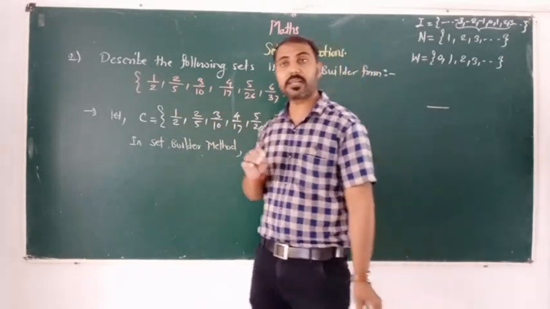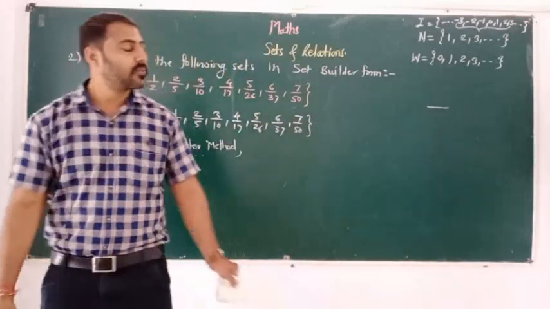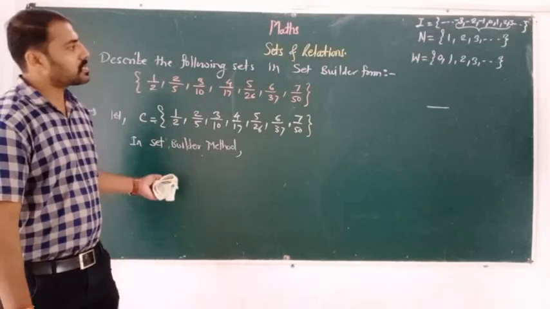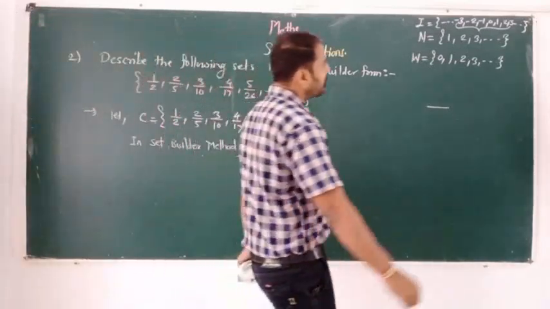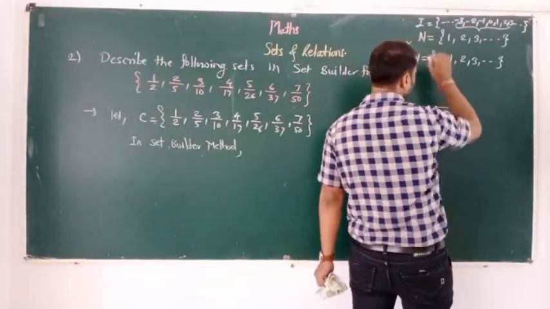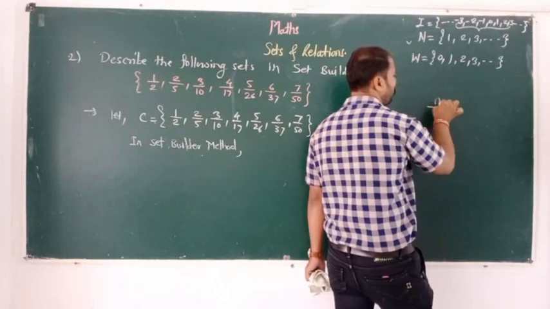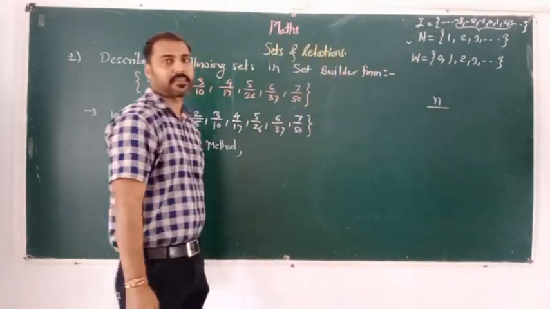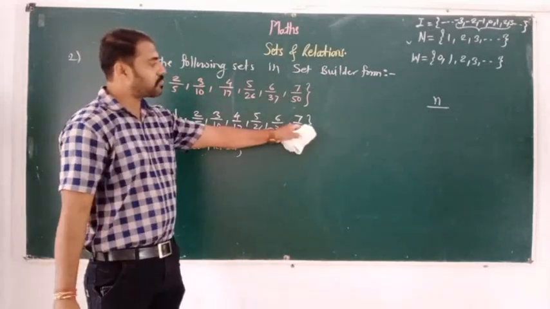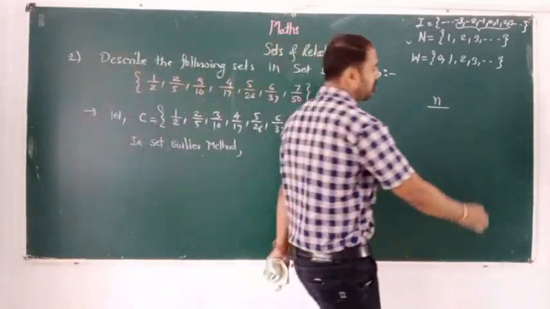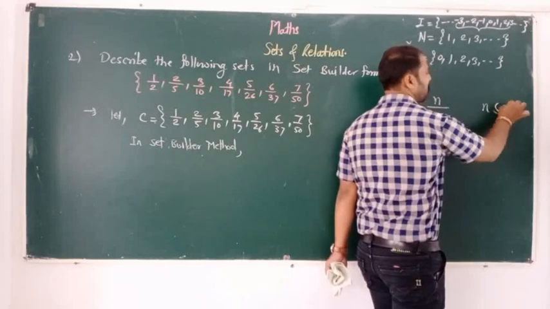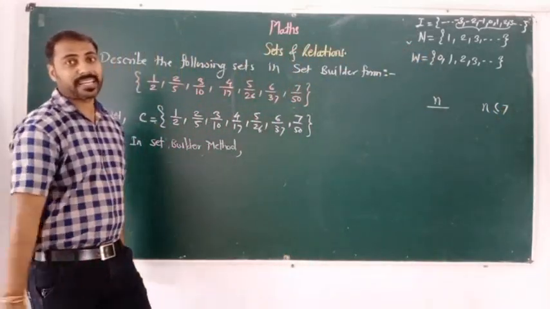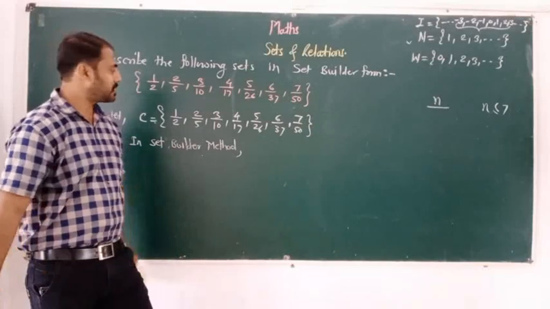These are natural numbers. So I am writing the formula. In the numerator, I am writing n. But n is up to 7. So what is the condition on n? n is less than or equal to 7. Or we can write n is strictly less than 8.